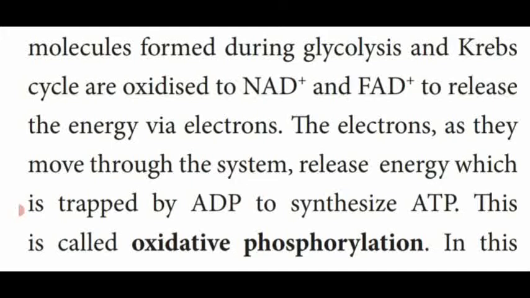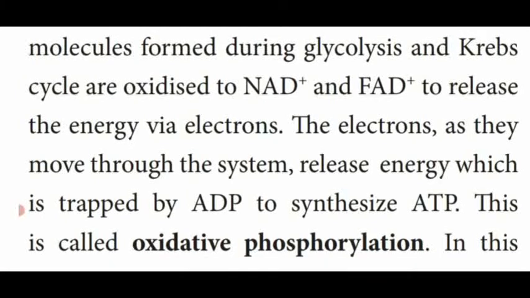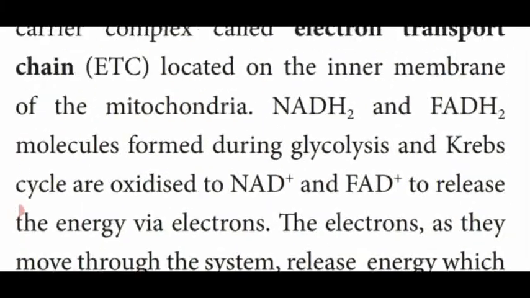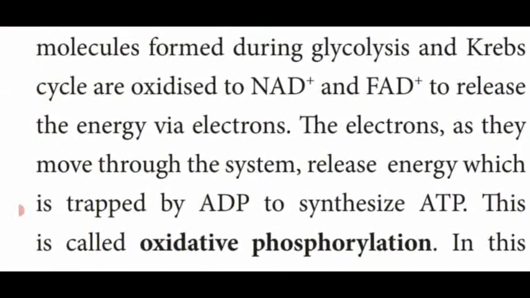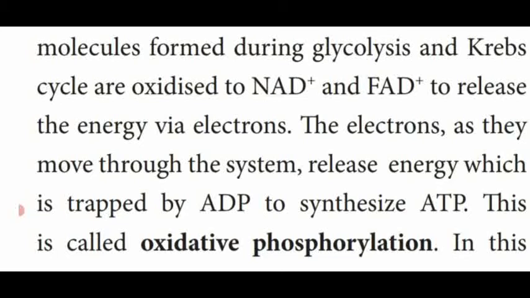Due to the oxidative process, ADP is converted into ATP, and this process is called oxidative phosphorylation. Phosphorylation means adding one more phosphate to the adenosine diphosphate molecule, here by the process of oxidation. So this entire reaction is named oxidative phosphorylation.